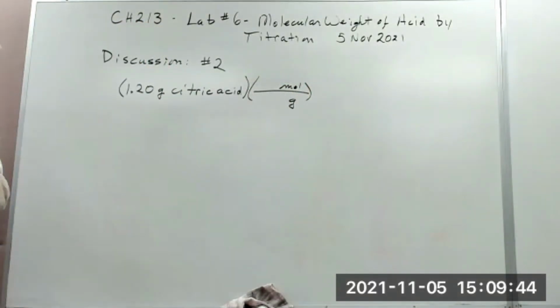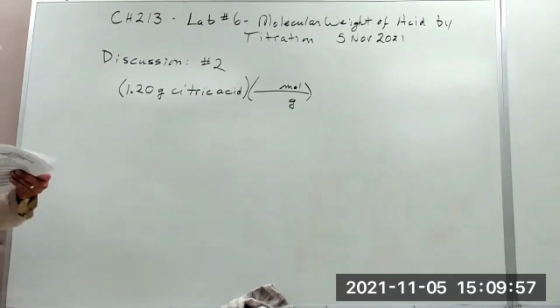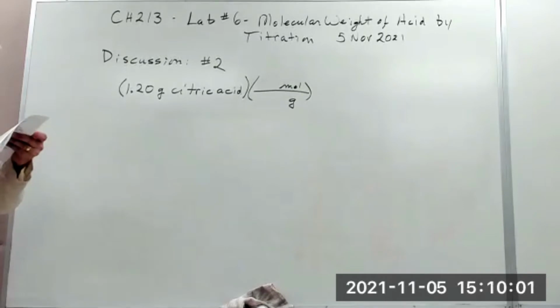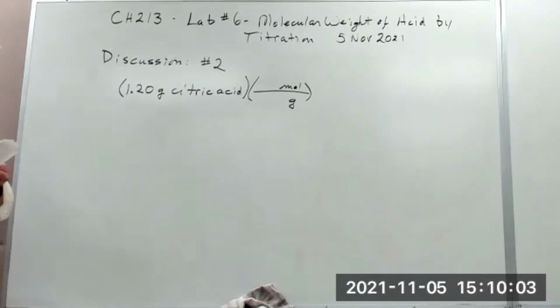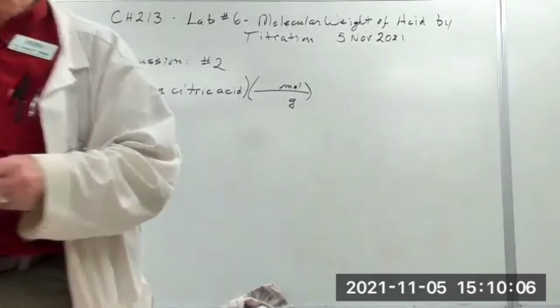And let's see, is it in the method? Should be in the method. Either that or we have to calculate it. I don't see it in your method. Let me see if I've got it already figured out.